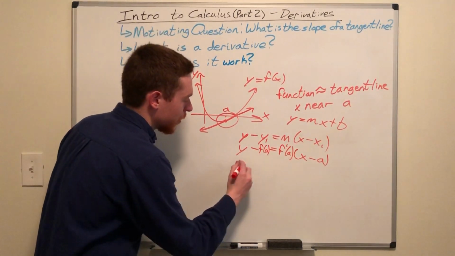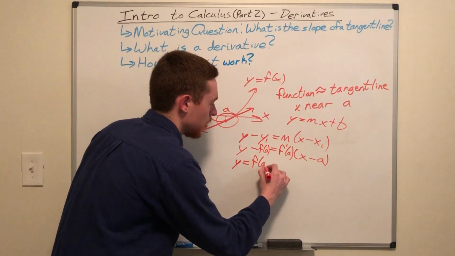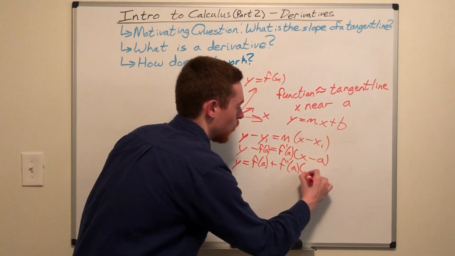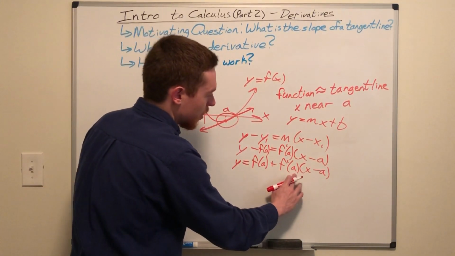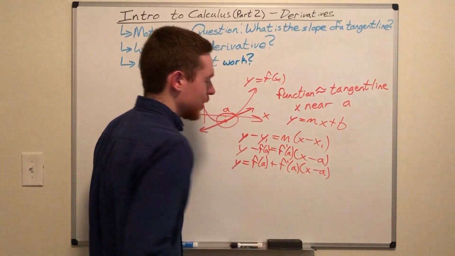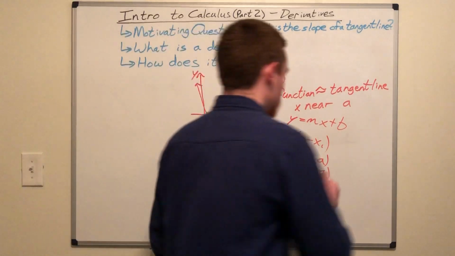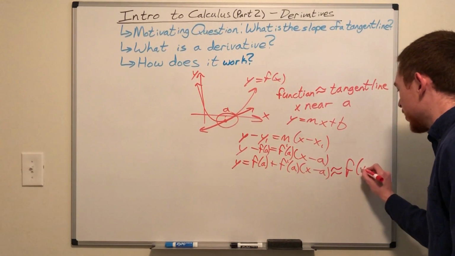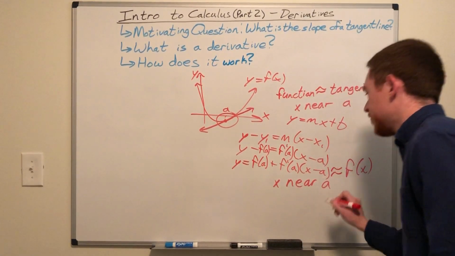All we have to do is add f of a over, and we have it in terms of y explicitly. So y is f of a plus f prime of a times x minus a. This tangent line is going to be roughly equal to my original function as long as x is near a.